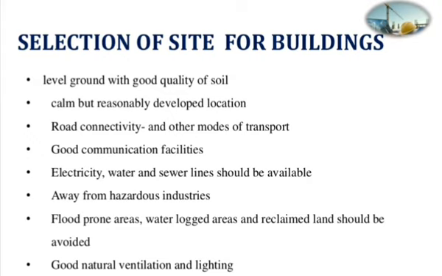Thermal power plants generate fly ash as a byproduct. They are very harmful for your lungs and your health, and the same goes for areas with oil refineries. There are a lot of health issues, so your site should be away from these hazardous industries.